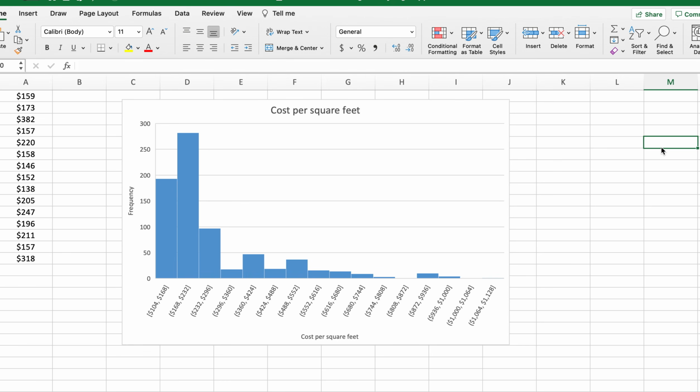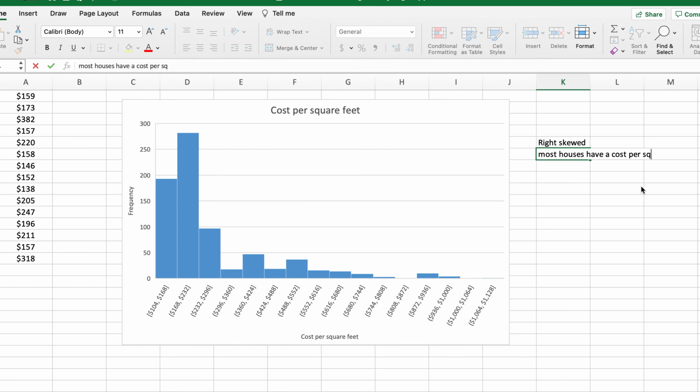Provide a histogram, we did that. Write a sentence describing the shape, center, and spread. See how most of the houses are over here in the lower values? That's called right skewed. And we can say most houses have a cost per square foot between, the lowest one is 104.